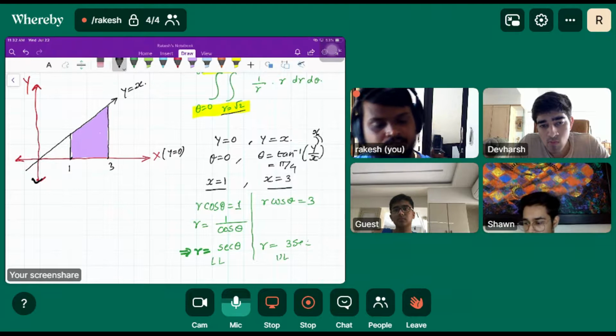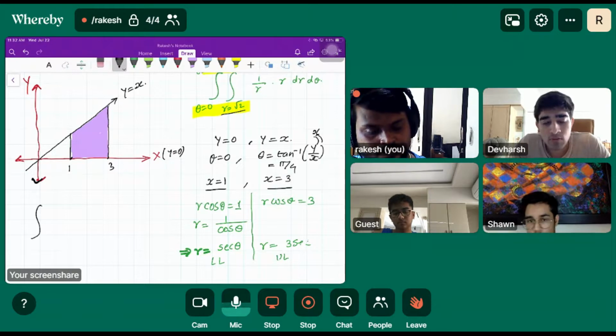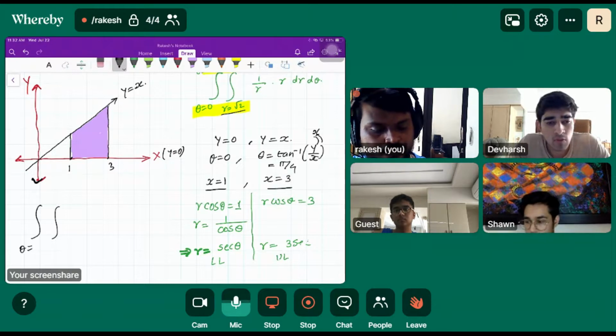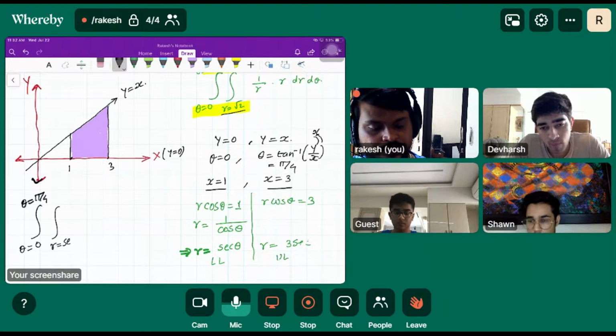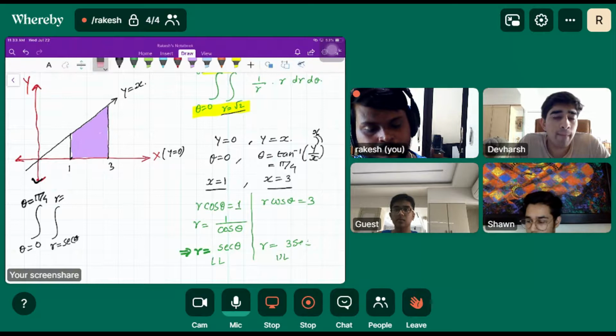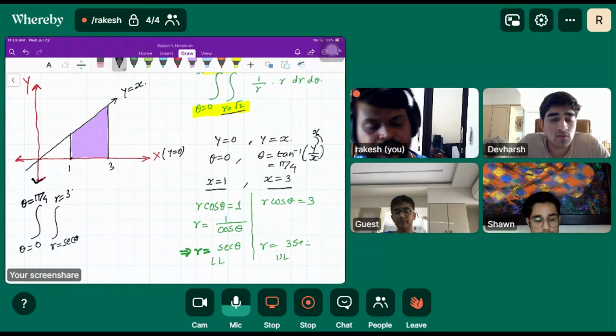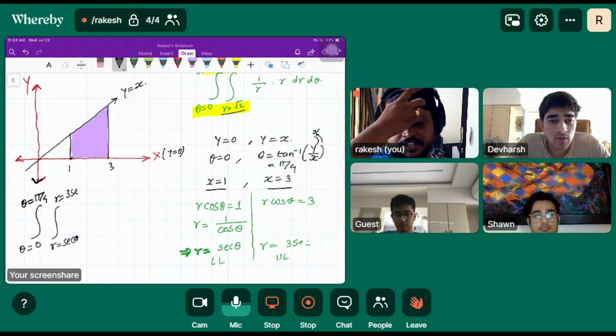Now let me just set up the integral. So theta is equal to 0 to pi by 4 first of all, and r is equal to lower limit sec theta and the upper limit 3 sec theta. And what about the function given to us?